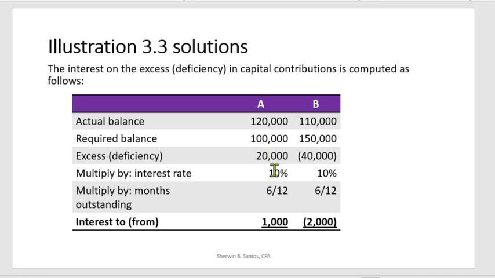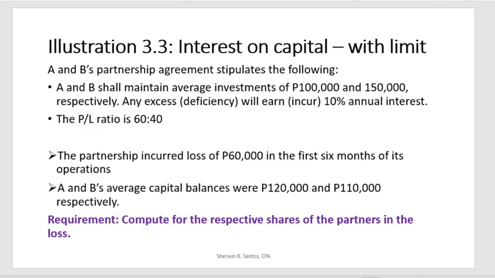So, 20,000 times 10% times 6/12 is 1,000. Negative 40,000 times 10% times 6/12 is negative 2,000. So, mapapansin mo, interest to 1,000 ibibigay kay A, interest from magbabayad si B ng 2,000. So, saan ba natin gagamitin yan?